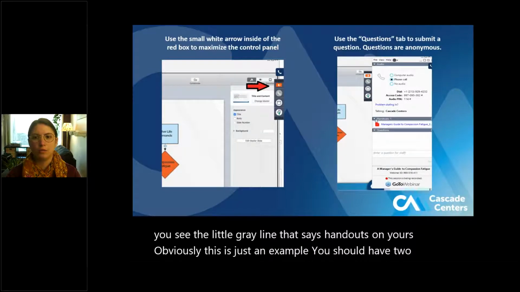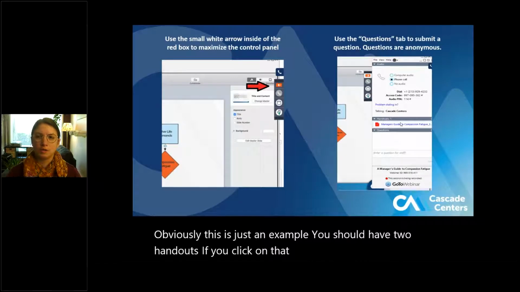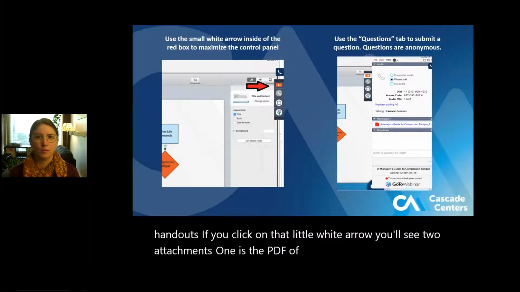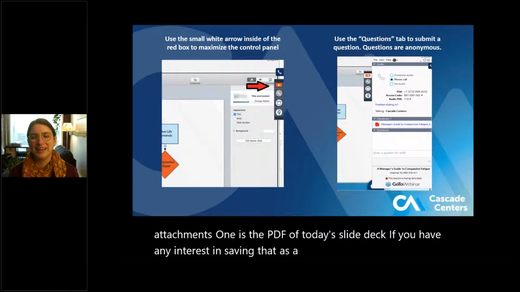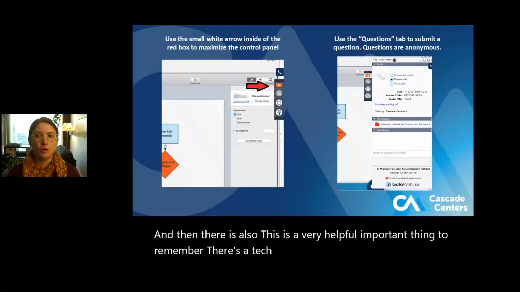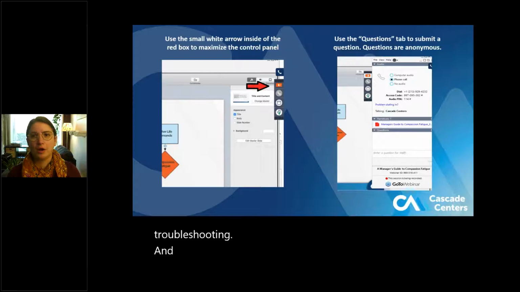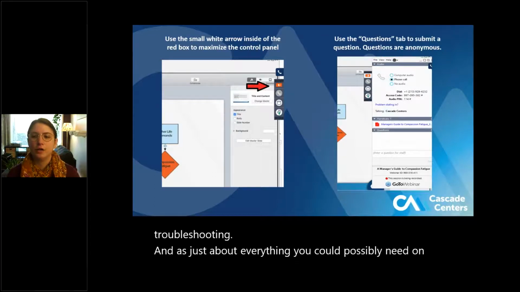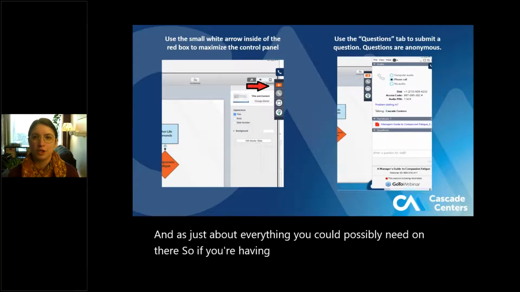If you click on that little white arrow, you'll see two attachments. One is the PDF of today's slide deck, if you have any interest in saving that as a resource. And then there is also, and this is very important to remember, a tech help slide for webinar questions and troubleshooting. It has just about everything you could possibly need on there. So if you're having any technological issues, please start there.